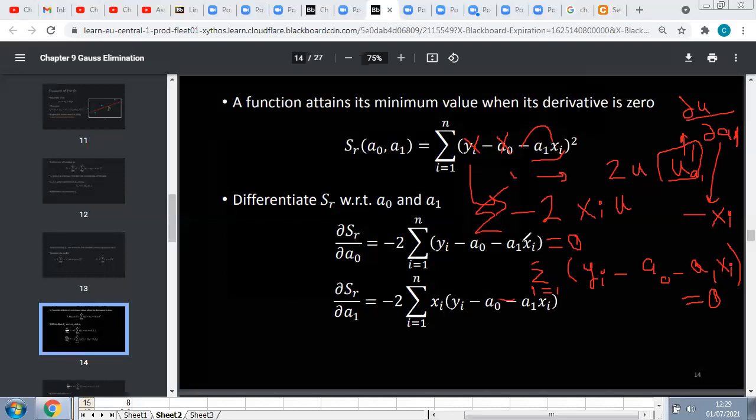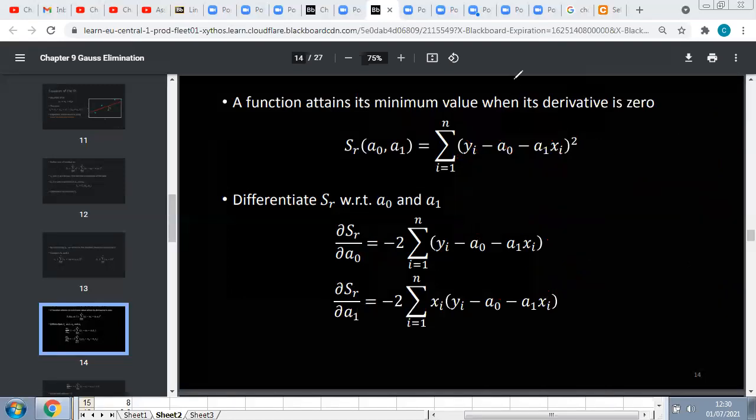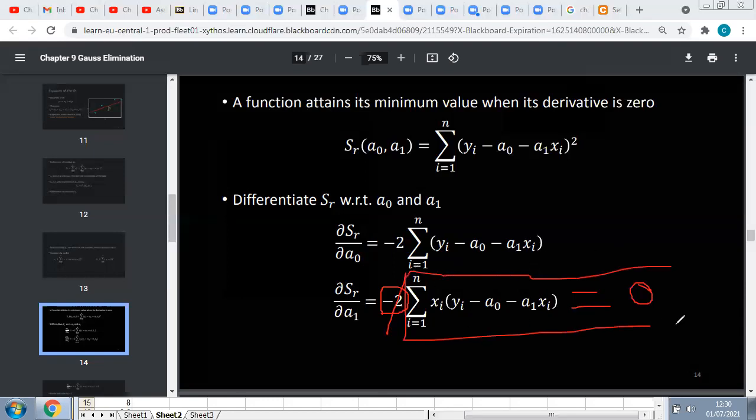Okay, so since -2 is a constant, I can take it outside of the summation. And then my final result for the summation of del SR by del A1 is -2, which is the constant I took outside, times, instead of U, xi times yi minus A0 minus A1xi. So now, since it's equal to 0, I can simplify -2, and then this will be my second equation.